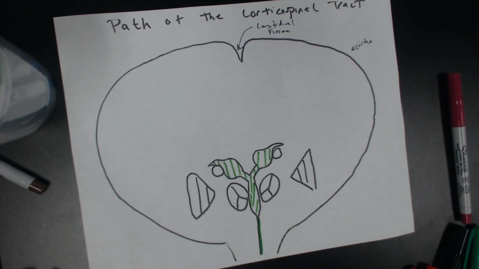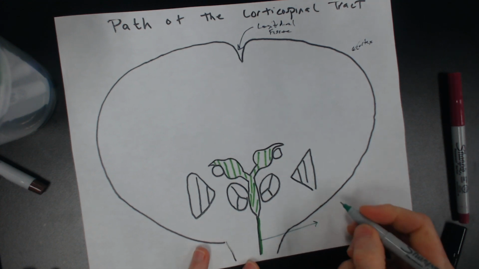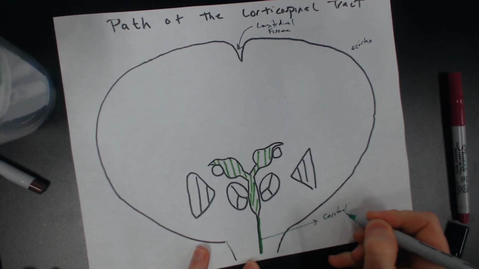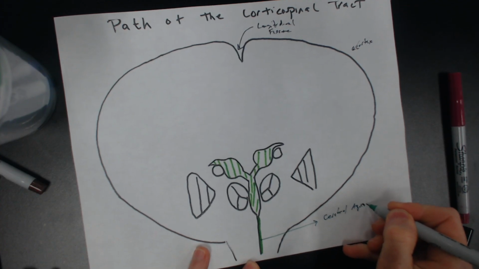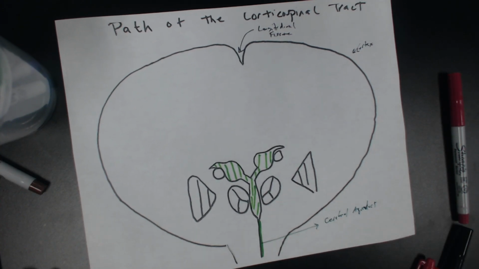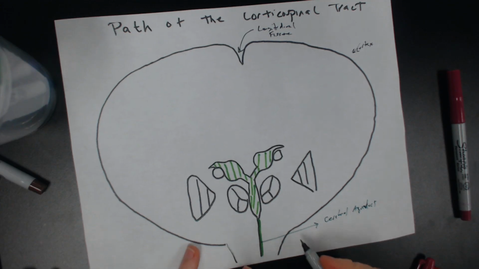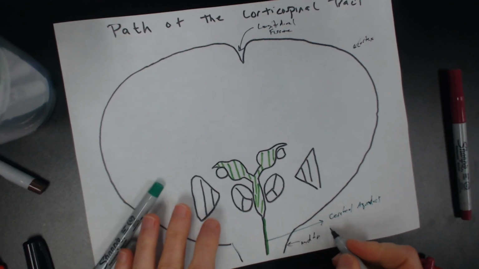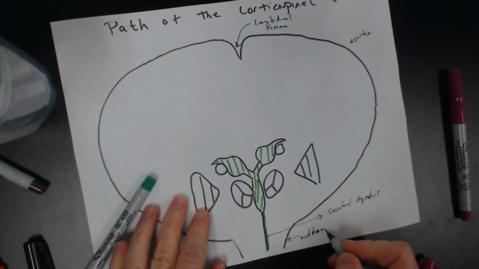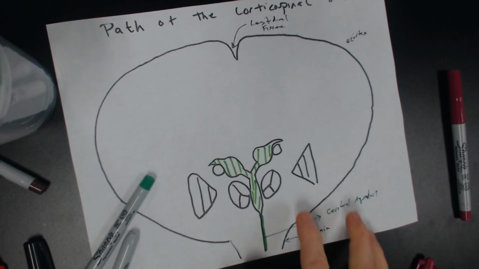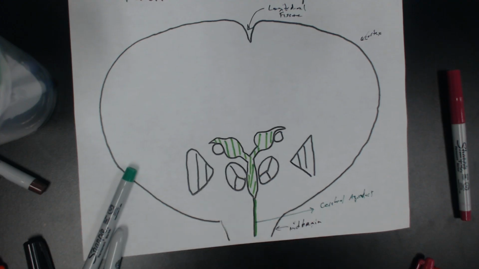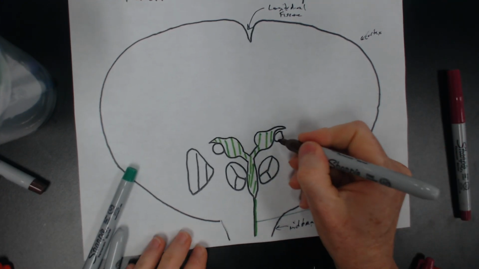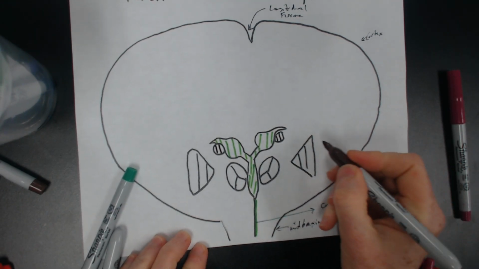We labeled these before. And the cerebral aqueduct, as I said, is a great landmark for the midbrain. So this is my midbrain. And other things that we labeled previously here, I used brown earlier, so I'm just going to keep the color the same.